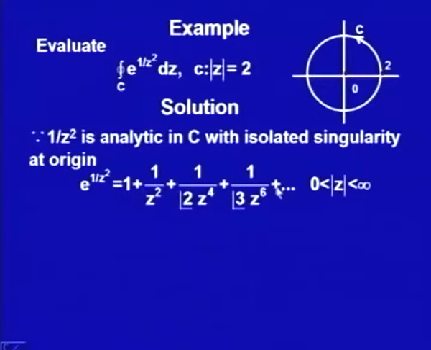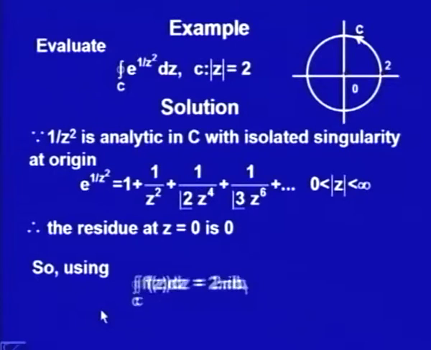From here, what is the residue? Residue should be the coefficient of 1 upon z, that is 0 here, because I do not have any term of 1 upon z. That says this integral would be 0.